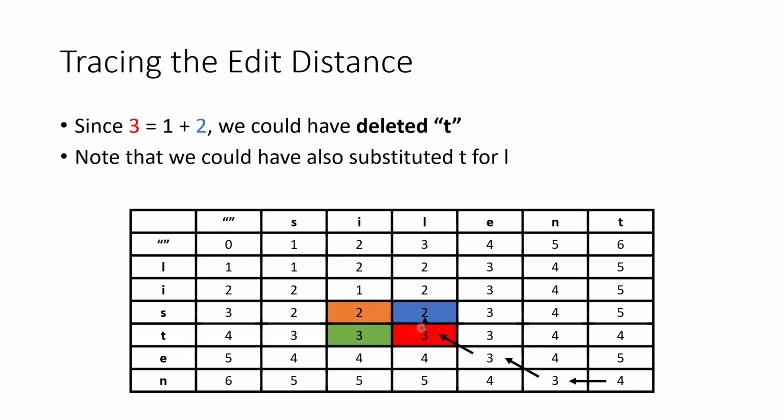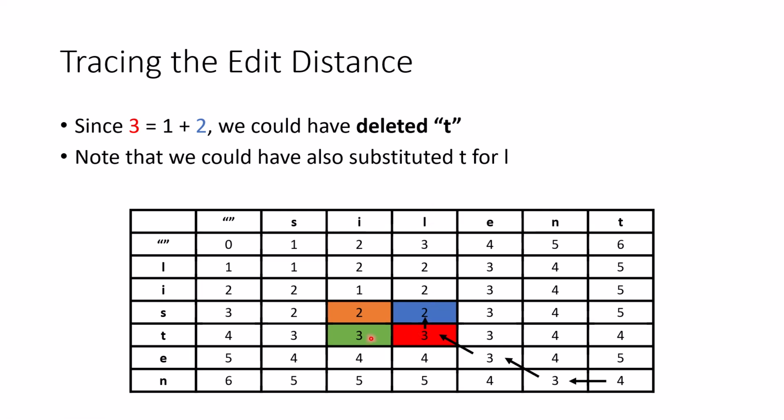And we might see first that it's equal to 1 plus 2, which will correspond to deleting this value of T. Now note that there's actually another solution we could have done, which is going up the diagonal, because 3 is also 1 plus this 2 over here, and that would just correspond to substituting S for the character L over here.